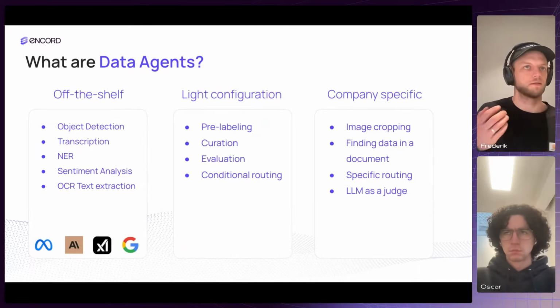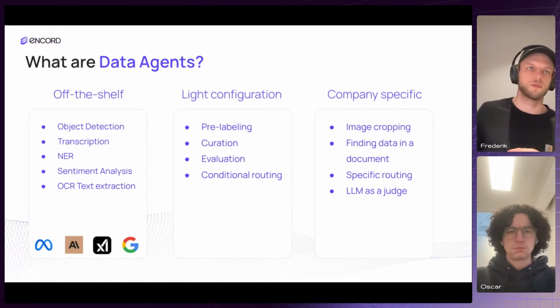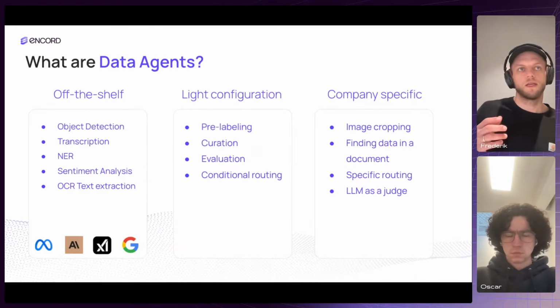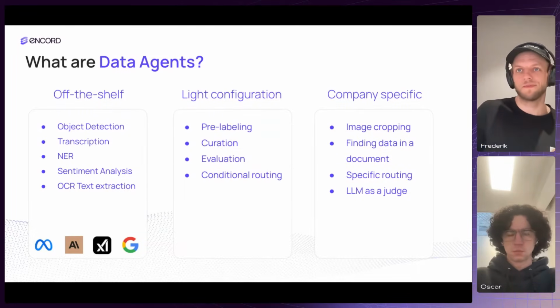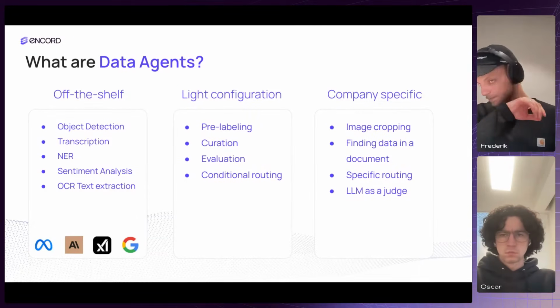For instance, object detection, as we've mentioned, transcription, named entity recognition. Sentiment analysis is also these days more or less a solved problem. And these things can now be chained together such that you obtain the piece of information you need for your particular data.